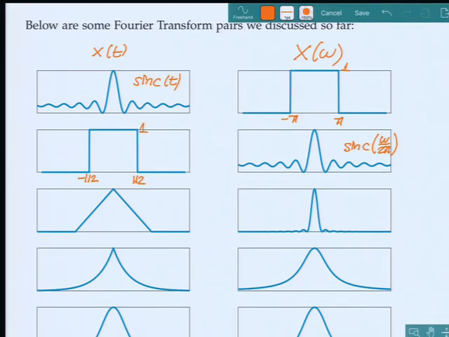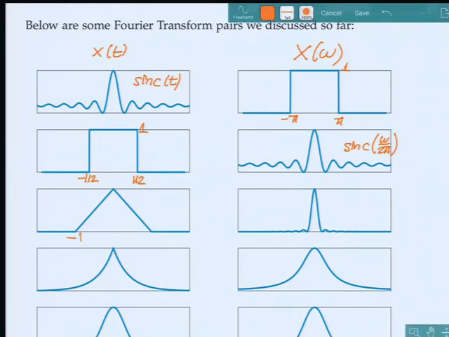So this is a triangle, and it can be written as a convolution of this pulse at the top with itself. The convolution will double the width because, when you're convolving two functions of finite width, the widths add up. So it was 1, now it's going to be 2.